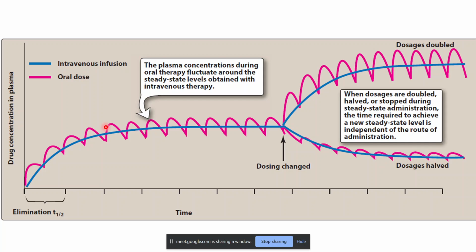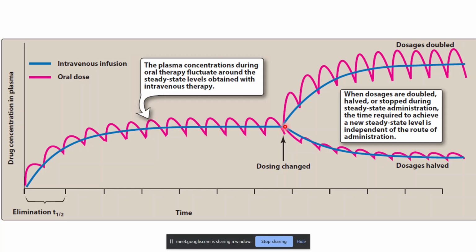The purple is the oral dose, and the blue is the intravenous infusion. The oral dose will lead to fluctuations of the concentrations, and that is why the concentration will be somewhere between two values.